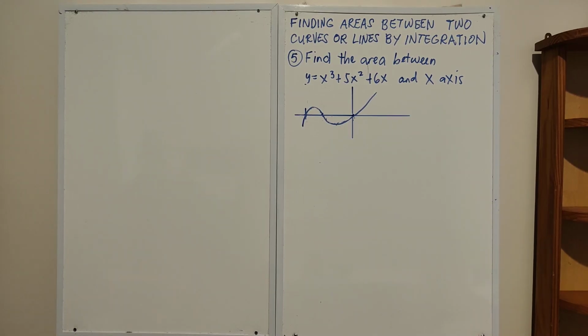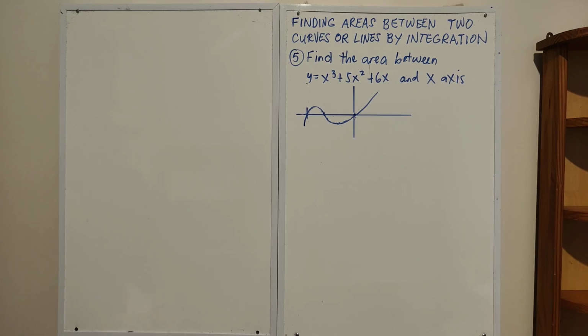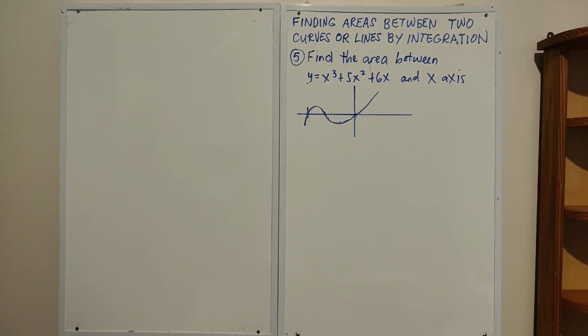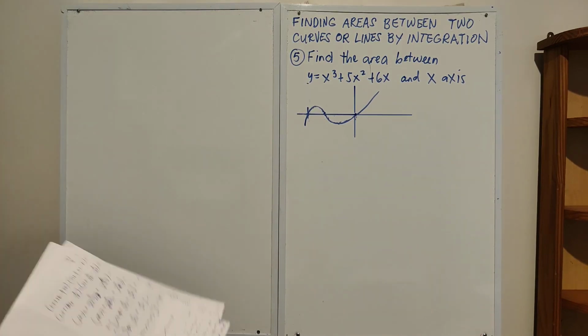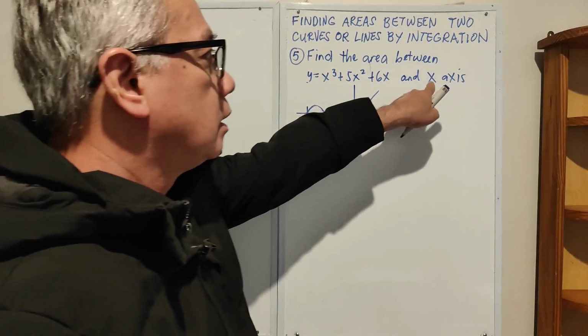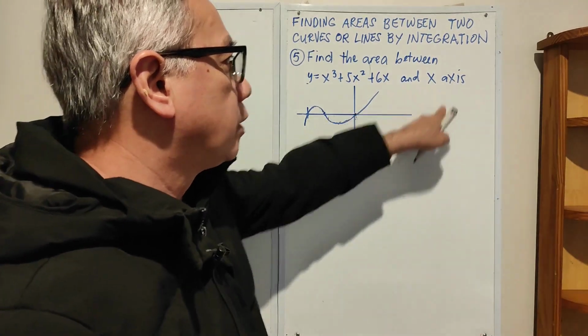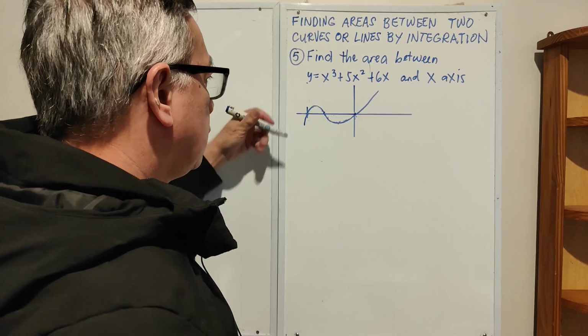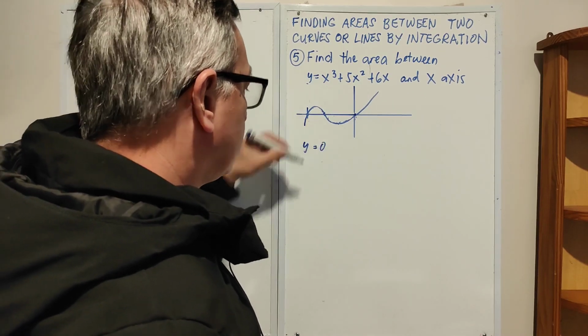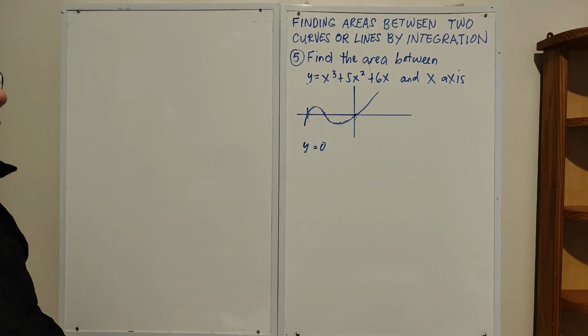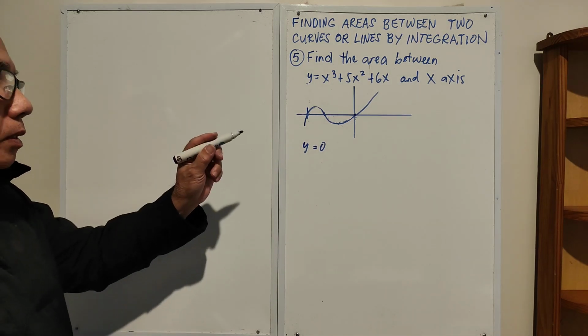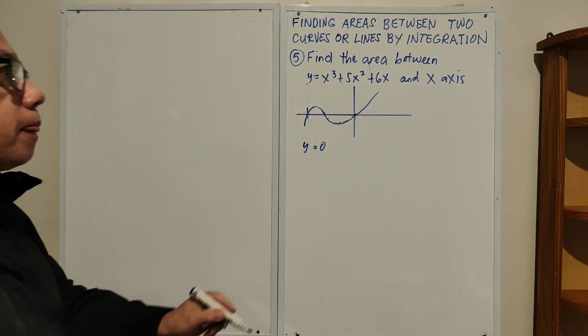Example number 5. Find the area between y is equal to x cubed plus 5x squared plus 6x and the x-axis. Now the equation for the x-axis, as I said earlier, will be y is equal to 0. So first we need to find the points of intersection between the curve and the line.